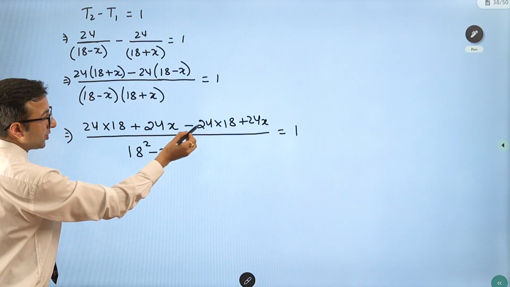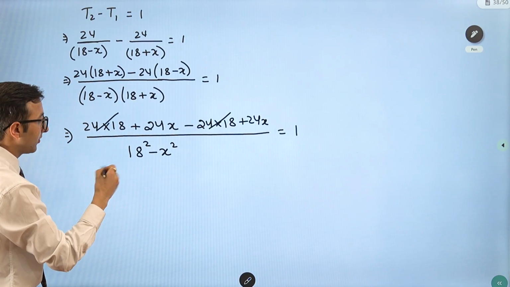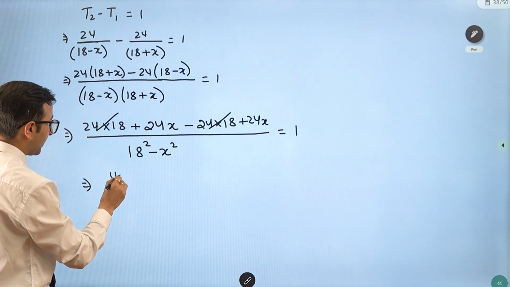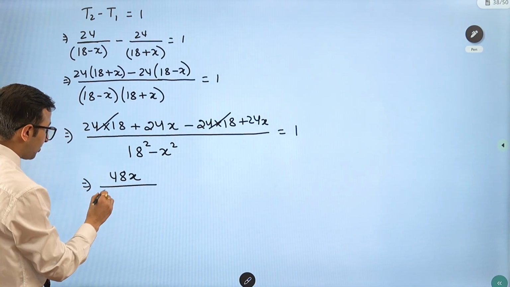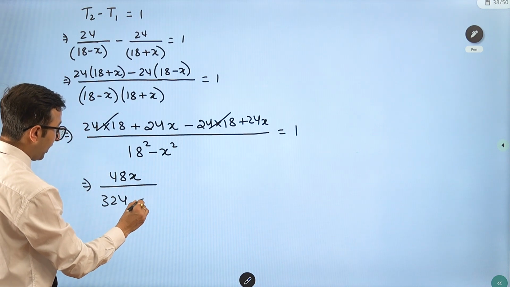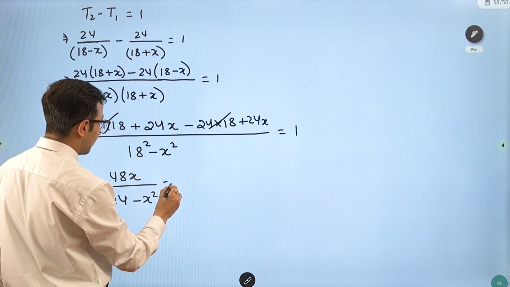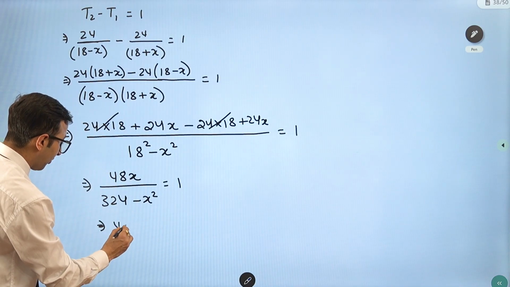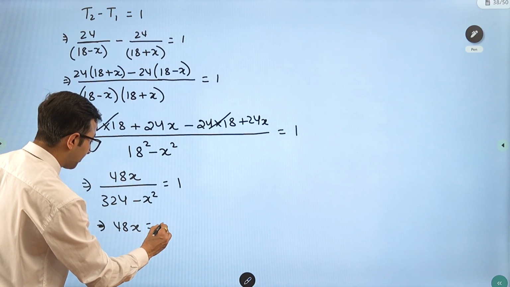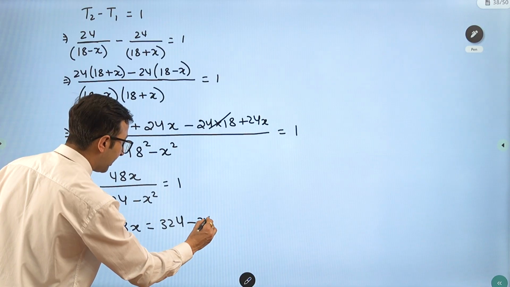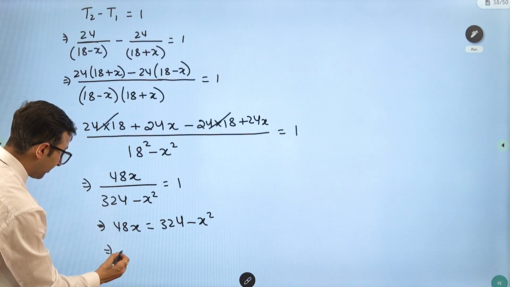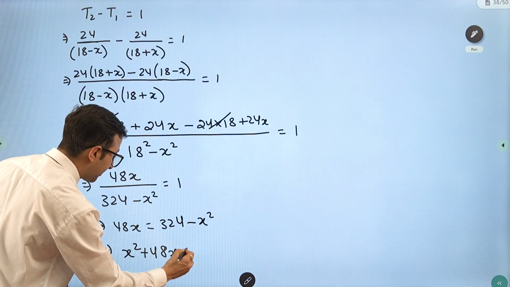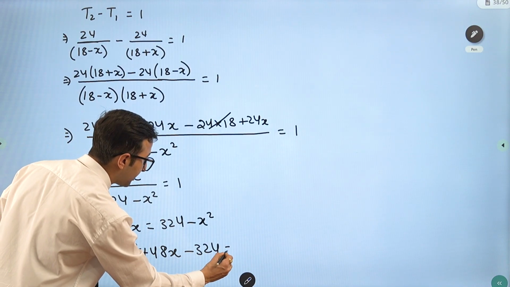Here 24 into 18 and 24 into 18 have the same sign, so we can remove them. Which implies 24 plus 24 is 48x divided by 18 square, which is 324, minus x square, which is equal to 1. Go with the cross multiplication. We will get 48x is equal to 324 minus x square. Take all the terms to the left hand side, we get x square plus 48x minus 324 is equal to 0.